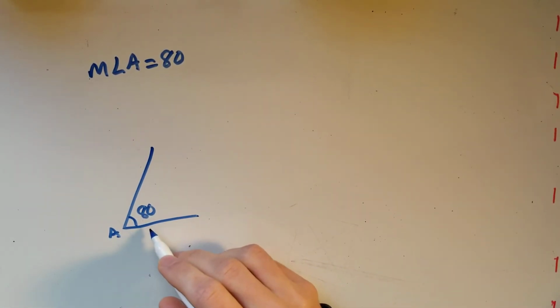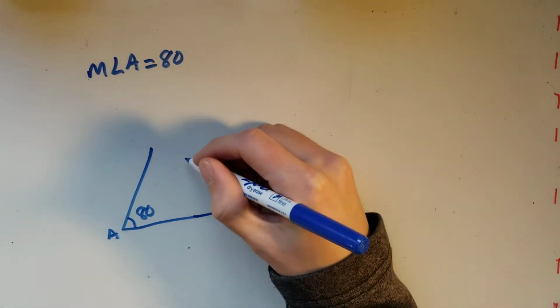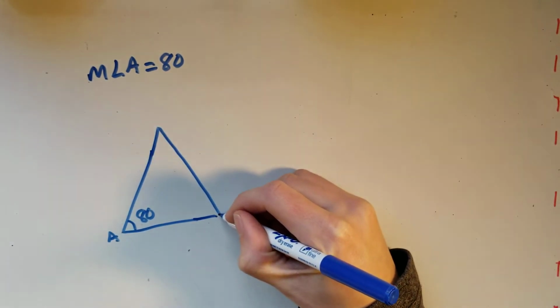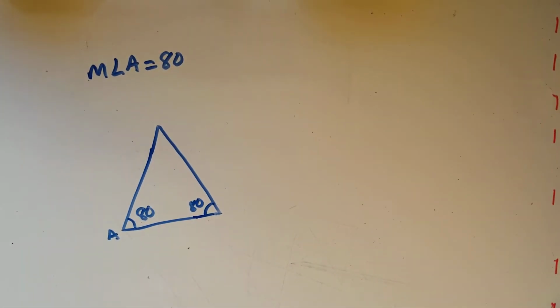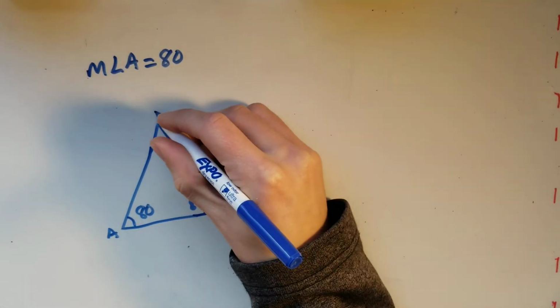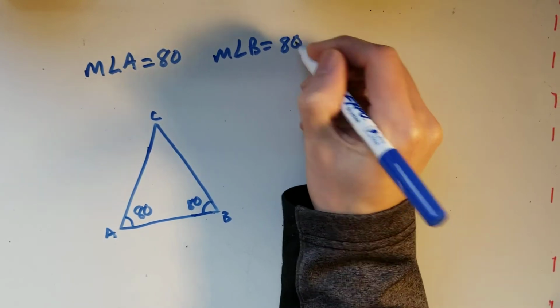So one possibility is if our angle is 80, we're going to have another angle that's also 80. We'll call that angle B, and then we'll call this C up here. So the measure of angle B could also be 80.